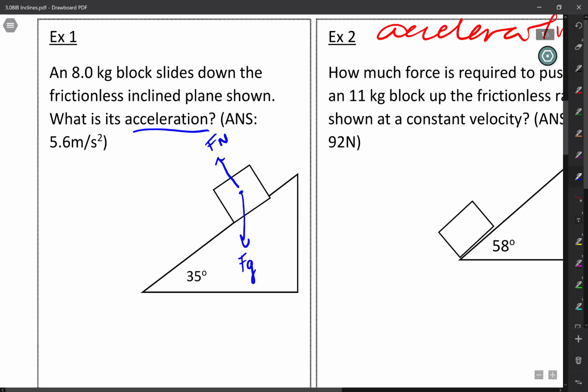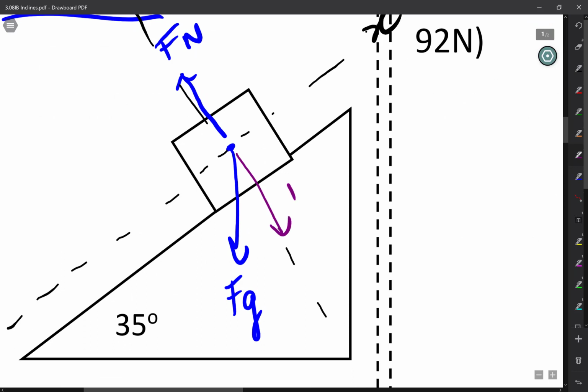That's the first step. The next step, we are going to resolve all our vectors in the x and y components. So we have the x and we have the y over there. We're going to start with the force due to gravity. We have this guy over here, which is our FGY. We have this over here, which is our FGX.